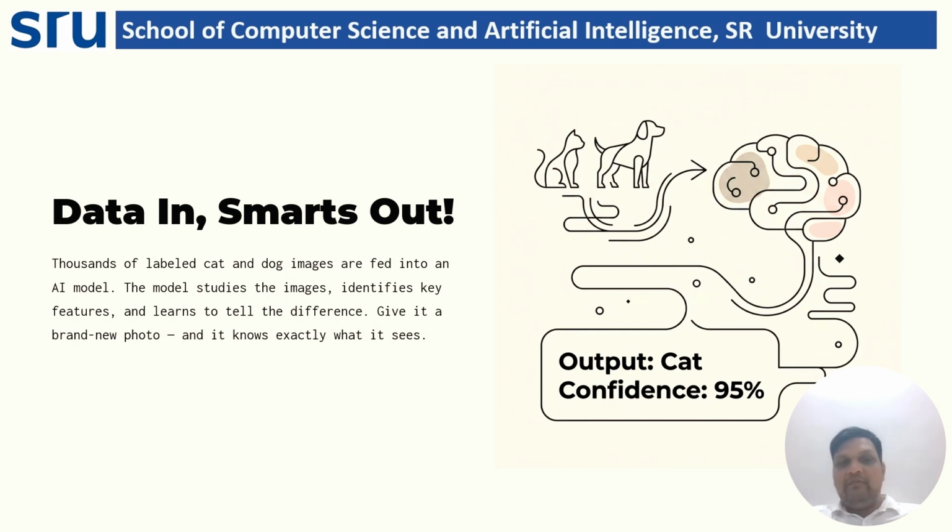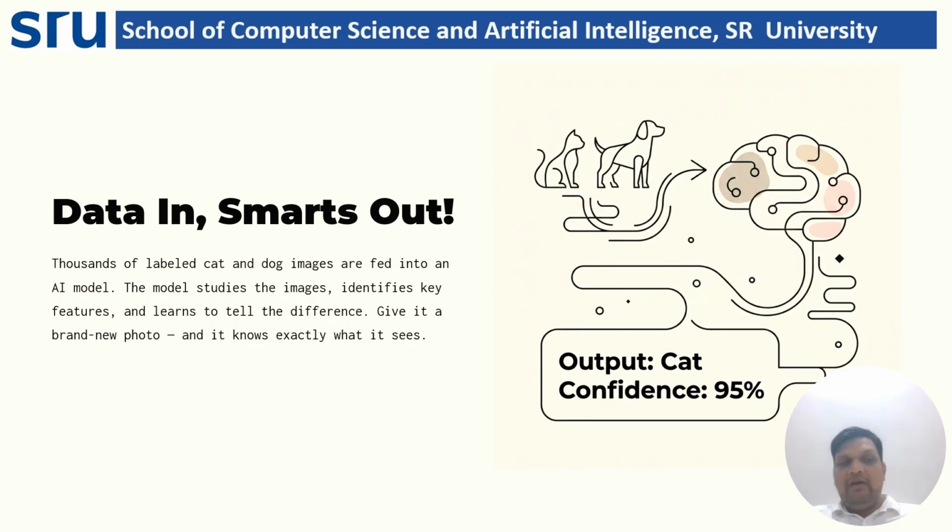Data in, smart out. Here we can say that thousands of labeled dog and cat images are fed into AI models. The model studies the images, identifies key features, and learns so that it can tell the difference.